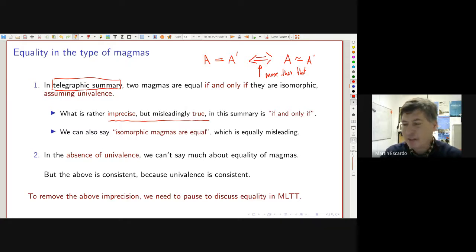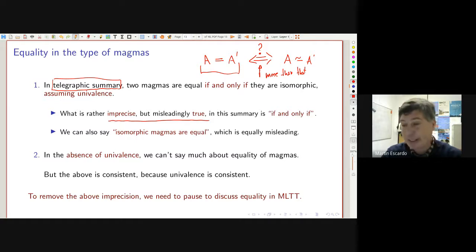And you can ask yourself, well, all that I did here can actually be defined in Martin-Löf type theory. We can define the type of magmas, and then we have this, and then we can ask whether this is true or not in Martin-Löf type theory. And actually, it is independent.